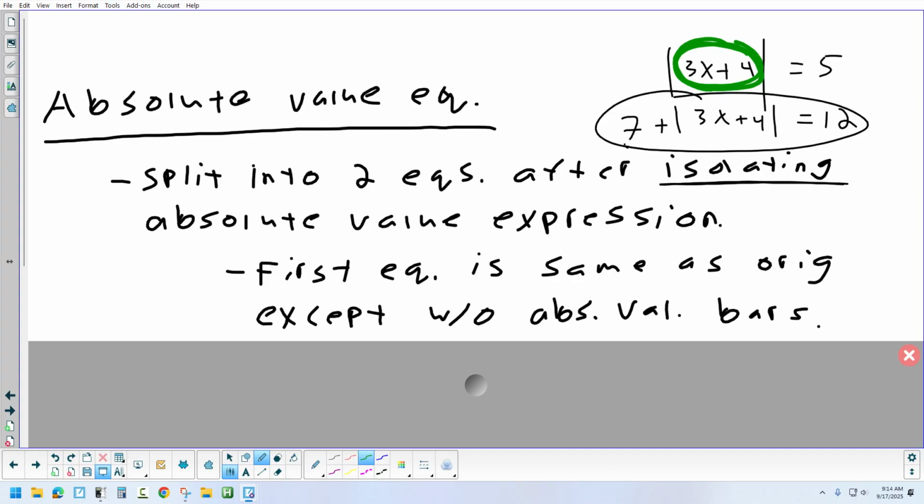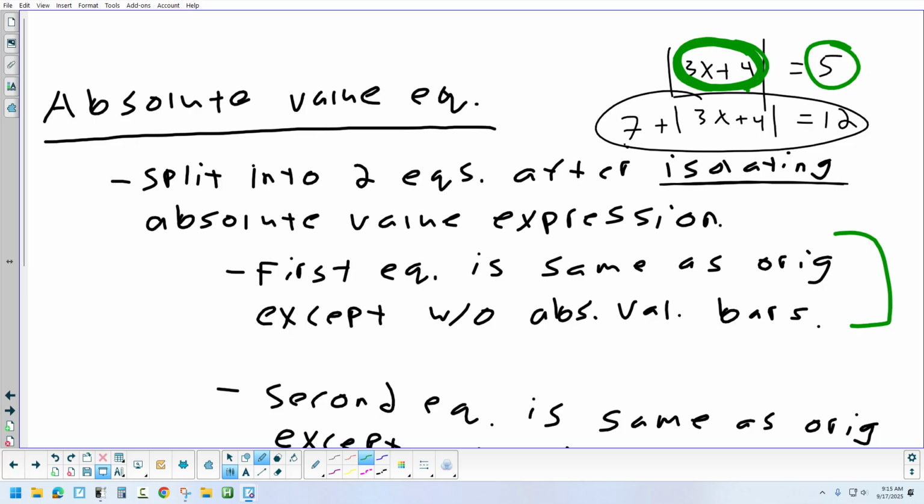So if what's inside here comes out to a 5, and you take the absolute value of it, you'll get 5. If what's inside here comes out to -5, and you take the absolute value of it, you will also get 5. So that's why we're splitting it into two equations. This one is basically setting what's inside that green circle equal to 5, and then solving it.